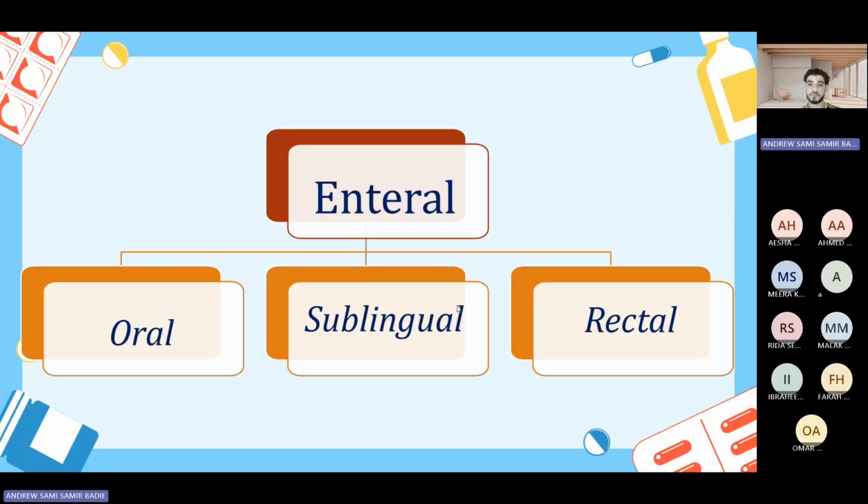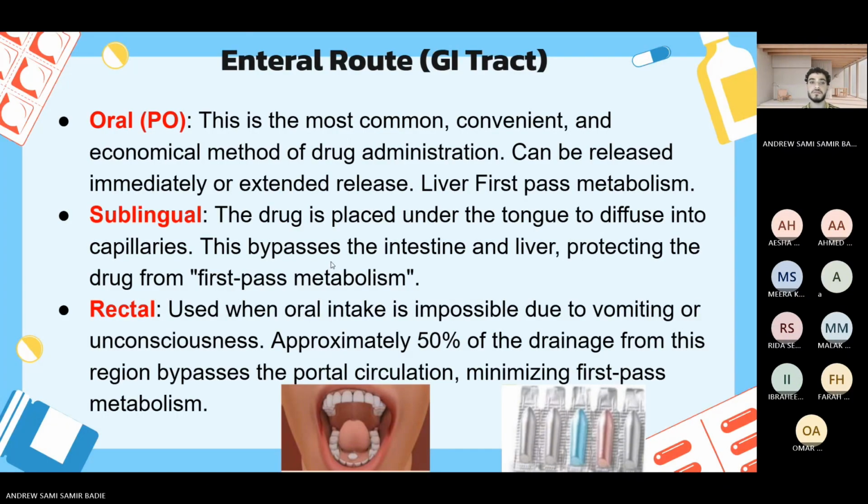Now, enteral has three types: oral, sublingual, and rectal. Oral is the most common and the most convenient, and it can be immediate release or extended release. Extended release means the drug is released after a period of time, like after it reaches a certain part of your GIT, or it releases slowly as it goes on, not all at one time.